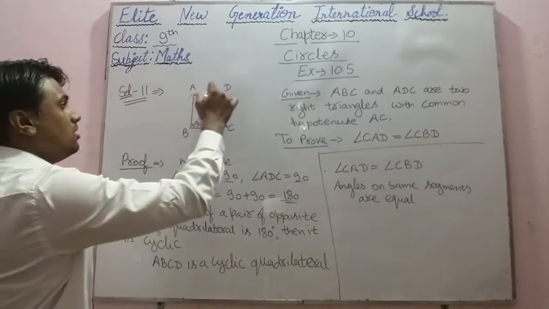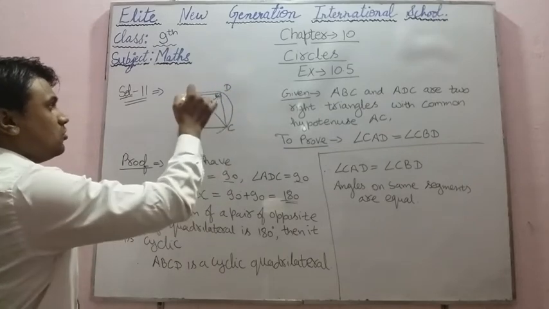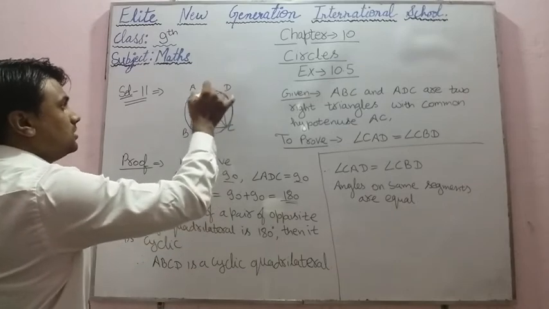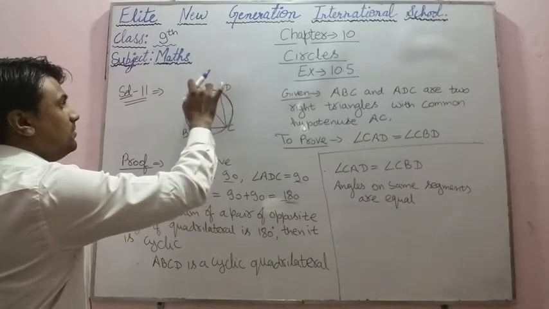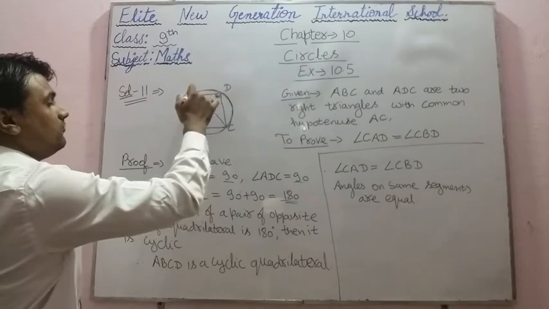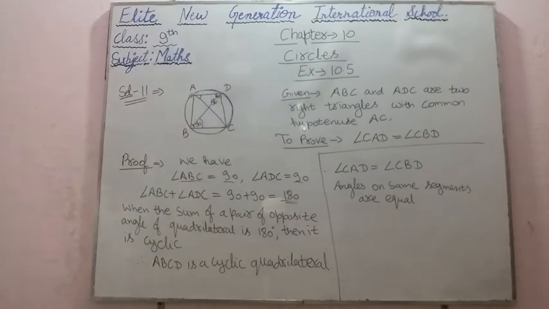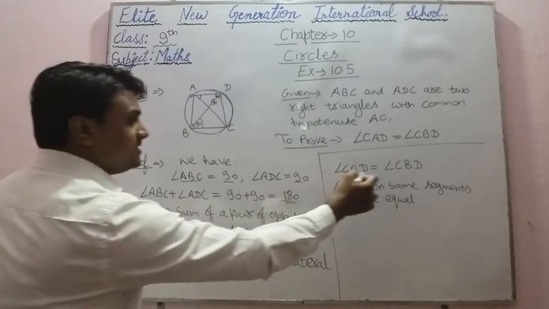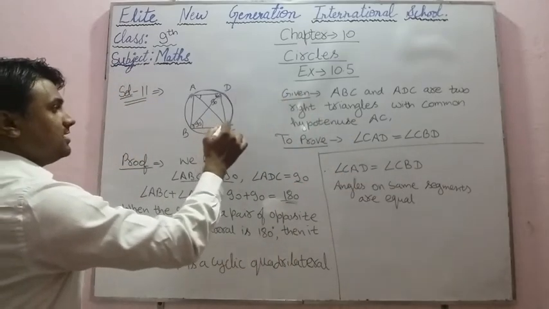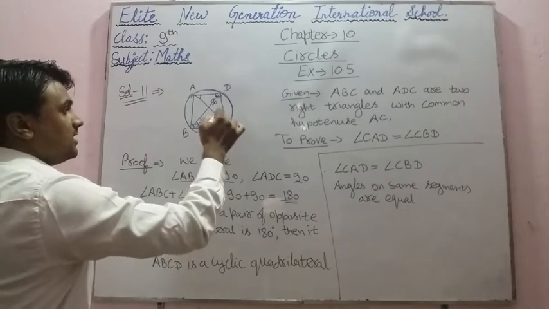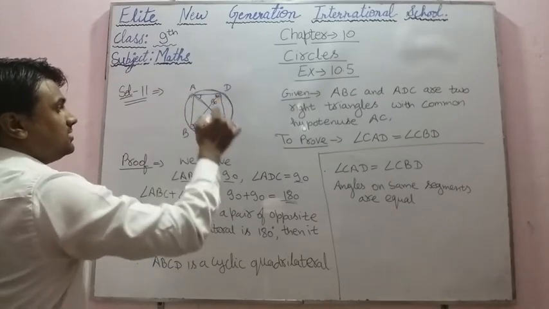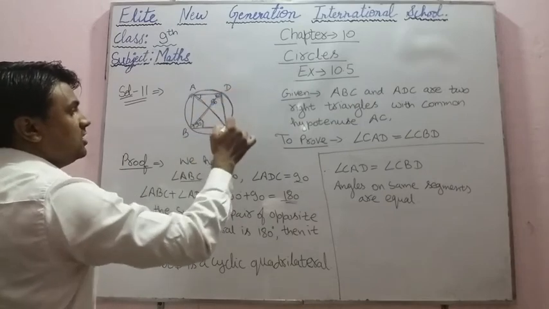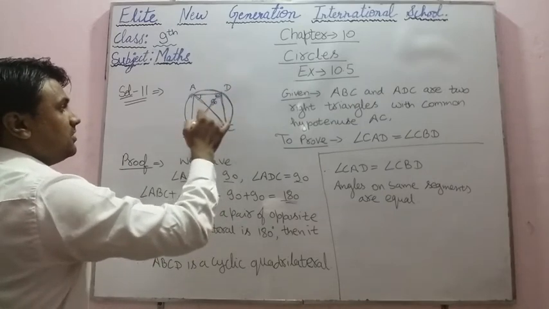So we can draw a circle around this quadrilateral, and it will become a cyclic quadrilateral. Now angle CAD and angle CBD are on the same segment CD.